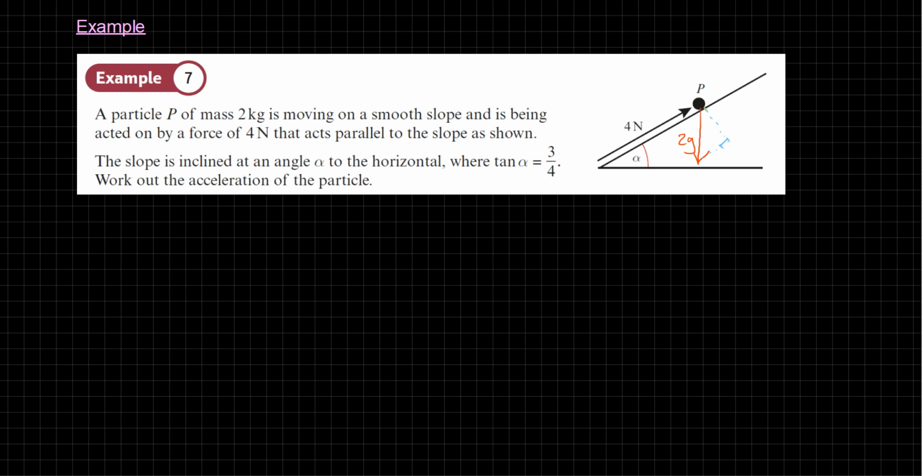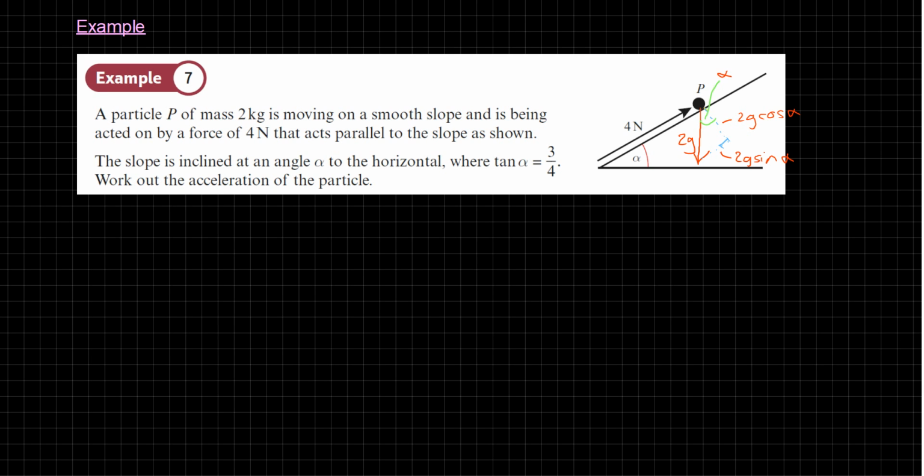The angle here has to be alpha to match the angle of the slope. And then this component here is clearly 2g cos alpha, the adjacent, and this one's 2g sine alpha, the opposite.